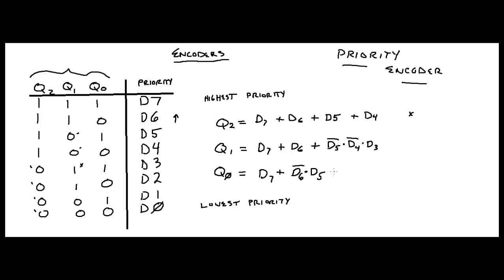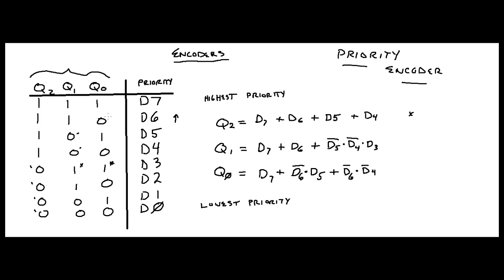Or, and we have to take care of Q0 here, don't we? Q0 for D3, right here, talk about this right here, right? If you look up, you would have to have D6 low and D4 low, right?